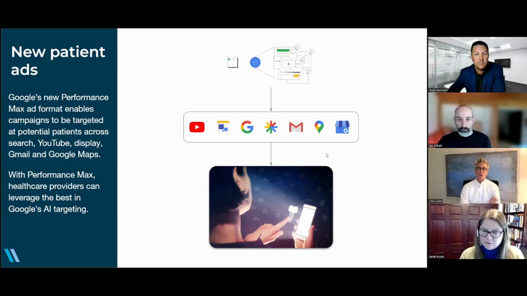It allows you to run all those campaigns across all of Google's channels in one ad format. And it's based on people actually taking action, whether it's filling out a form or taking some type of conversion action on the site. So this is Google's great new AI solution.